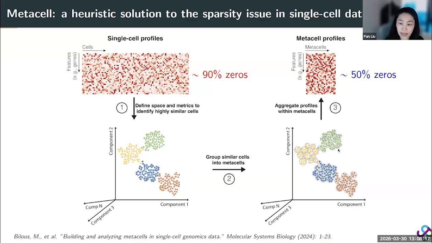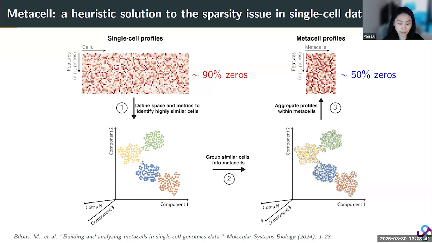Then we define the average profile for each black circle, and we end up getting this gene by metacell matrix instead of the original gene by cell matrix. By doing so, we usually can reduce the sparsity level from around 90% to only around 50%.